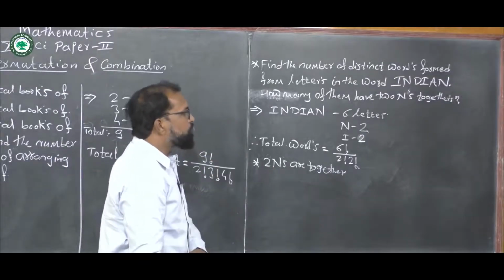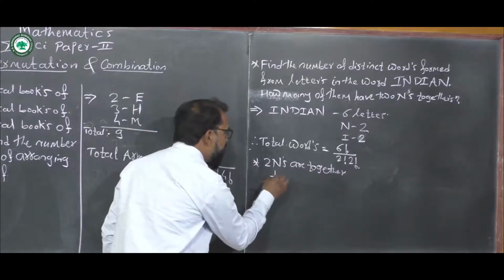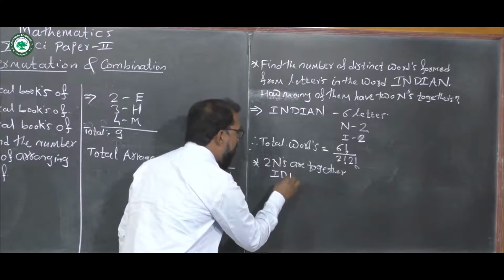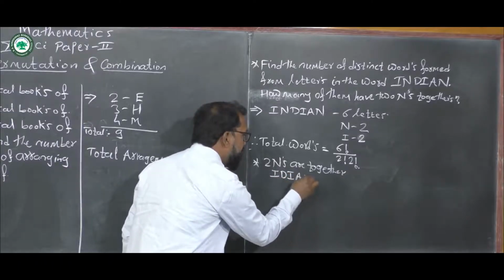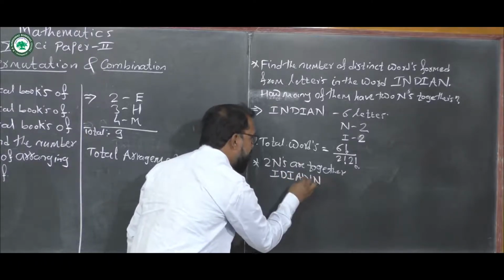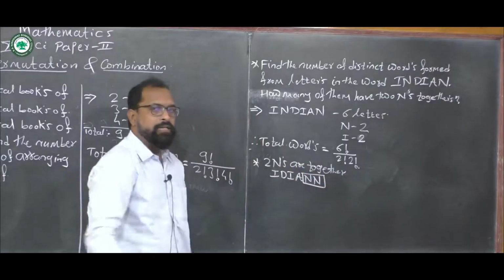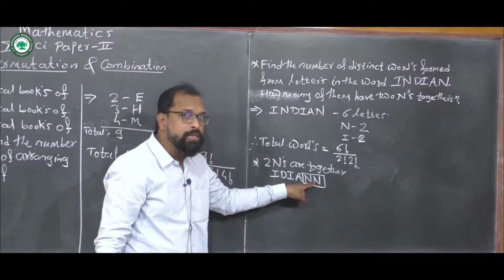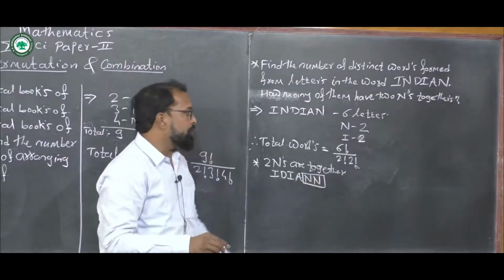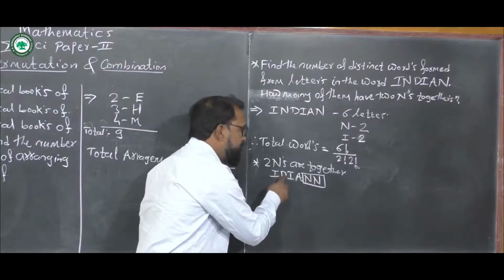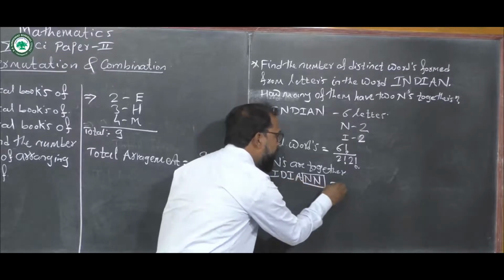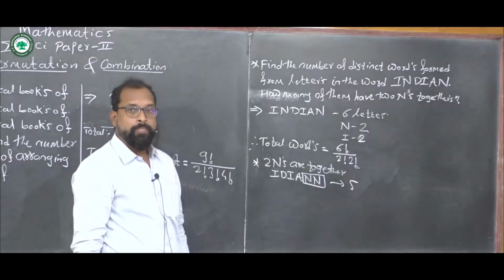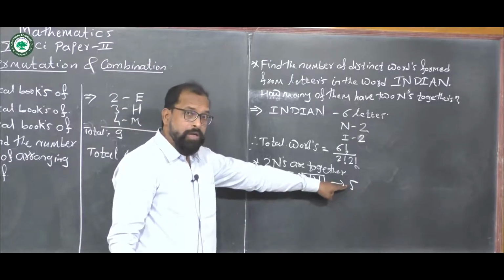So the number of words become, see here, I, D, I, A, and N N. If we consider these 2 Ns together as one letter, now here 1, 2, 3, 4 and 5, there will be 5 different letters. There are 5 total letters.